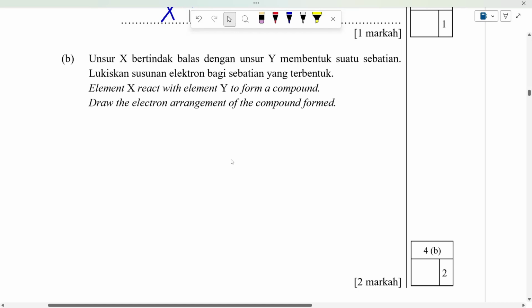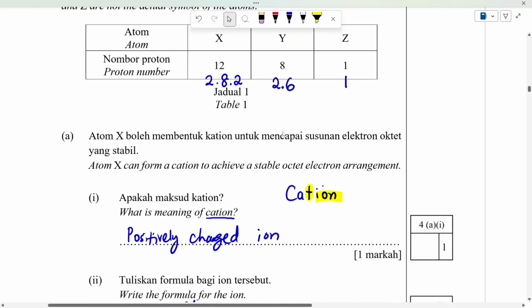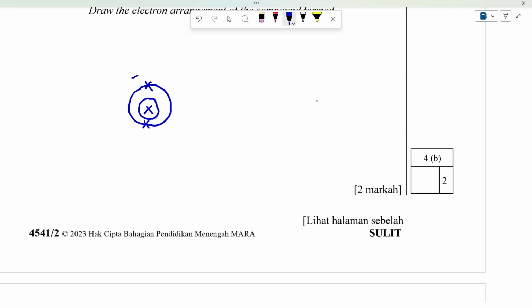Have you tried? Yes. So 2, 6 for Y, to add 2. So meaning that now X at 2, 2, 8 for X. So it is 2 positive, right?